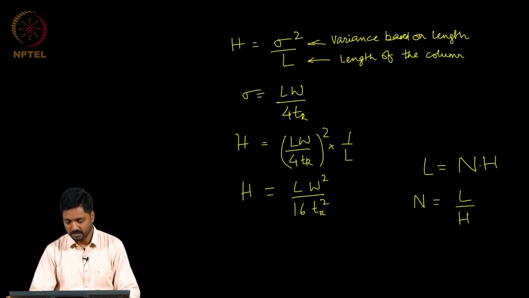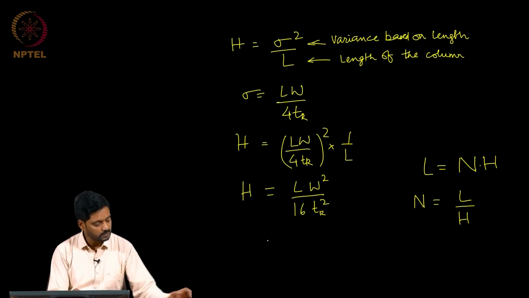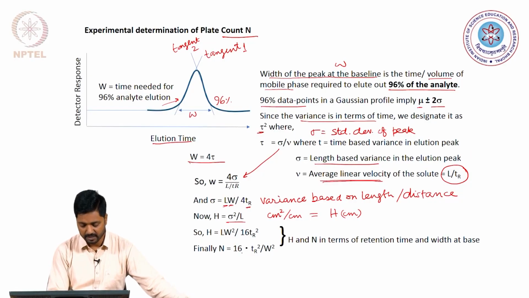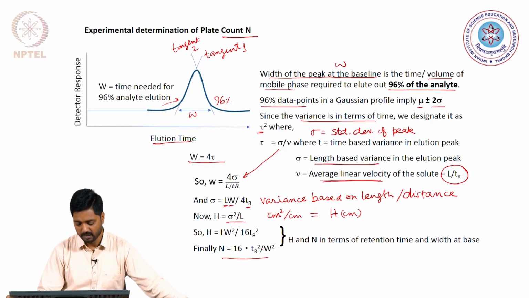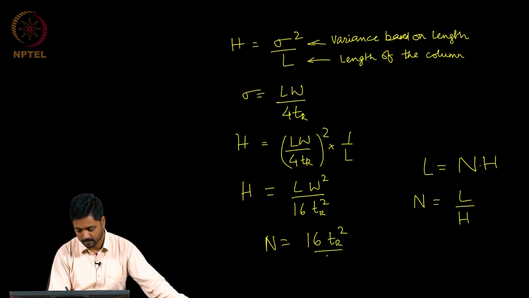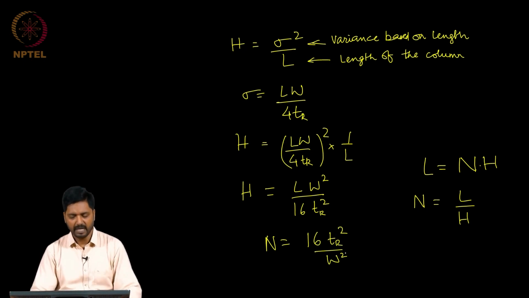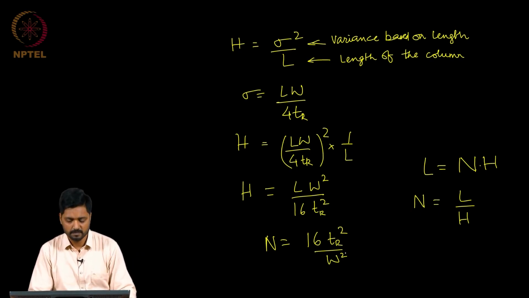When we insert this here, what we get is the value of n, which is nothing but 16 TR square by W square. You can undertake this calculation or this transformation yourself and see that this is indeed correct.